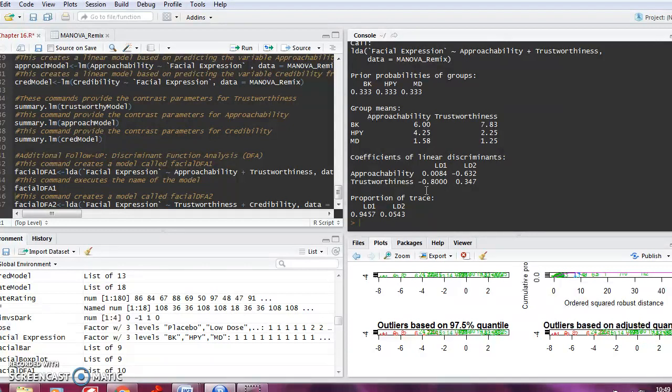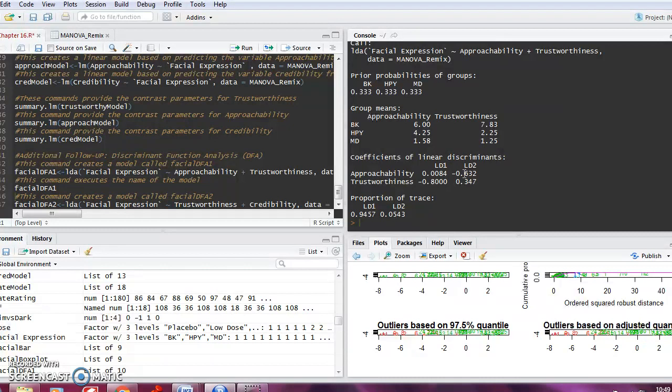We also see the same thing for the other variate, just the other way around. Approachability has a negative relationship, whereas trustworthiness has some form of positive relationship.